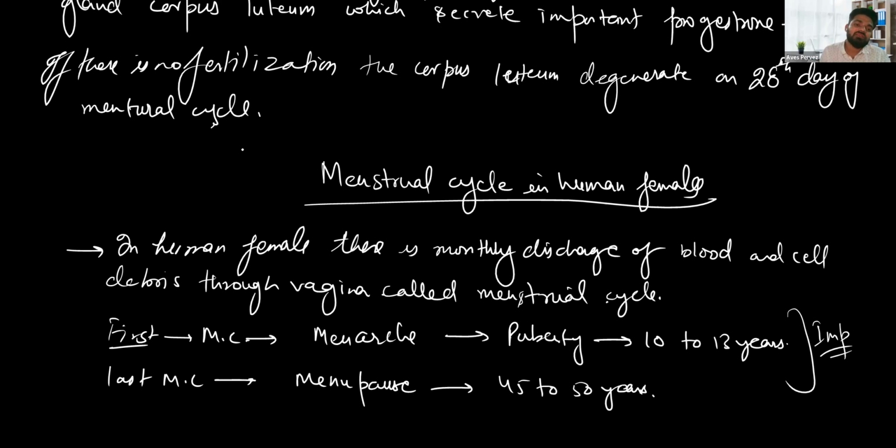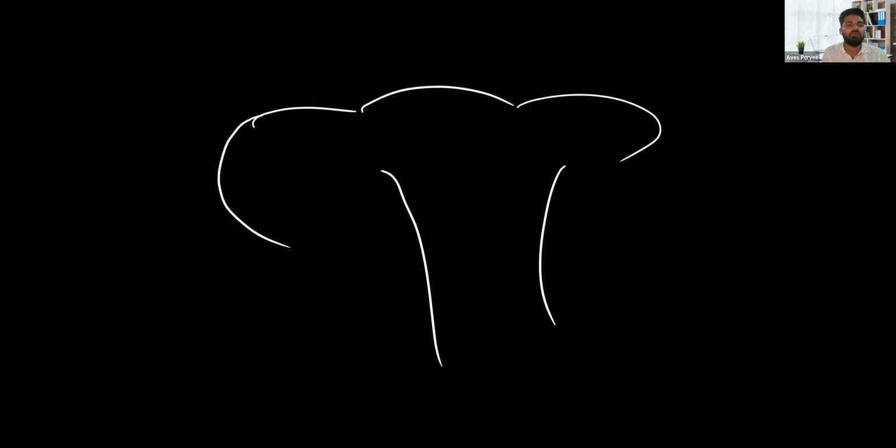Now, actually, the fallopian tube, when the ovum is there, is going to wait for the sperm to come. I'm going to make a rough diagram.